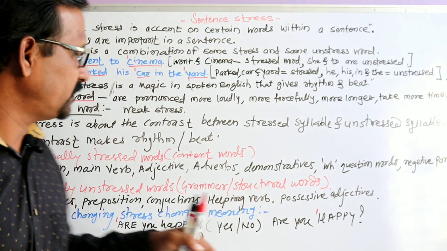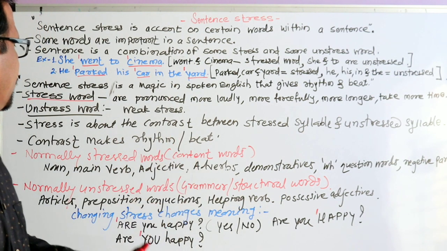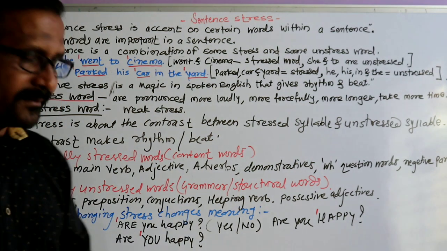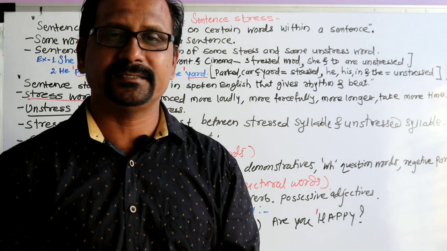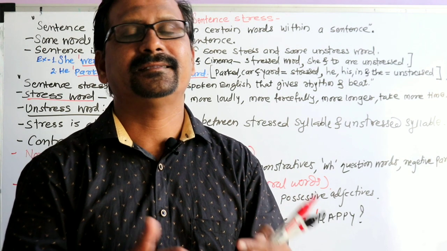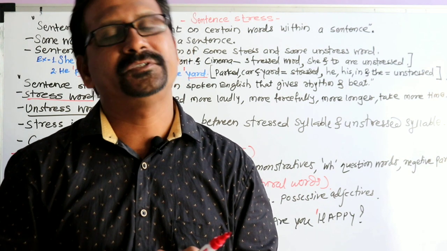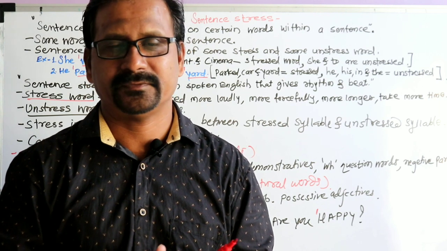Now we have thought about which words are traced in a sentence and which words should not be traced. Tracing and untracing the words in a sentence makes a sentence rhythmic. It has some music when we have traced words and untraced words.